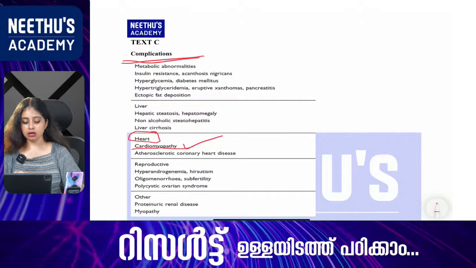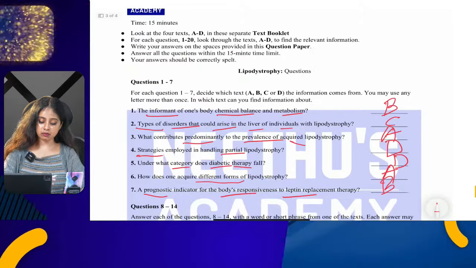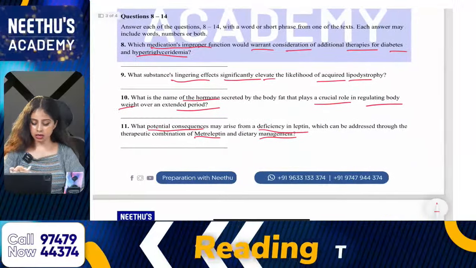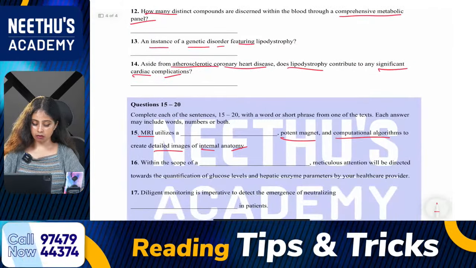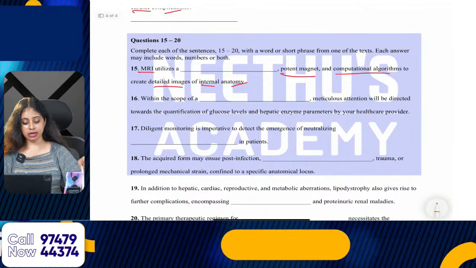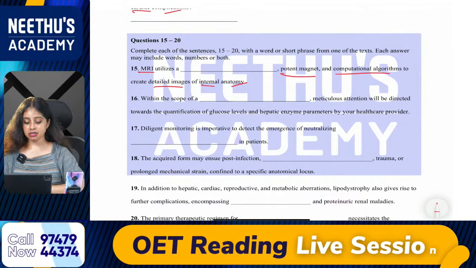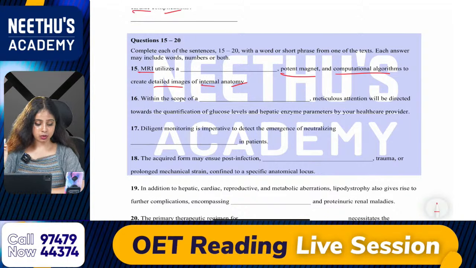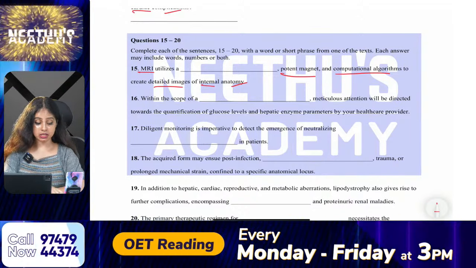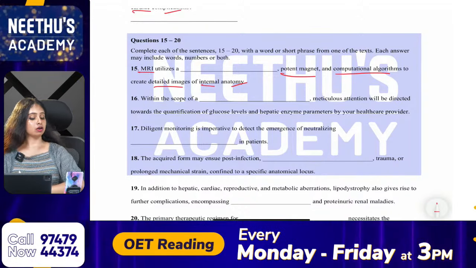So from the question we have some keywords: MRI utilizes a dash, then potent magnets. So what is the correct answer? Question number 15, not 14, 15.